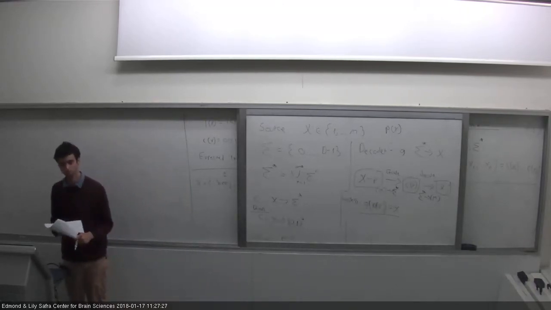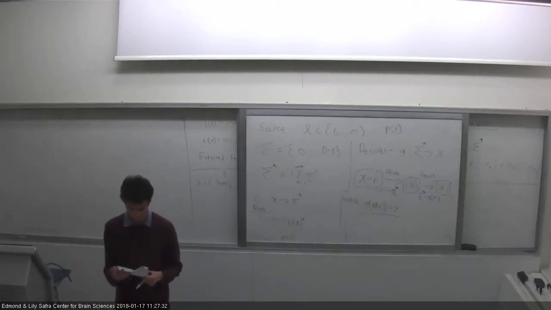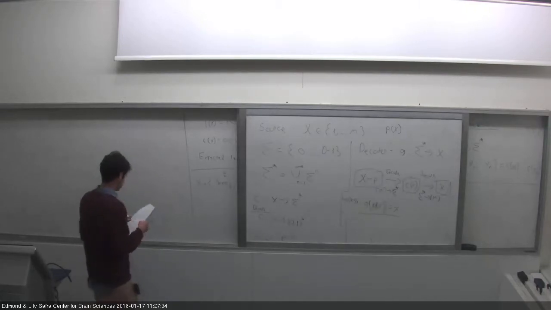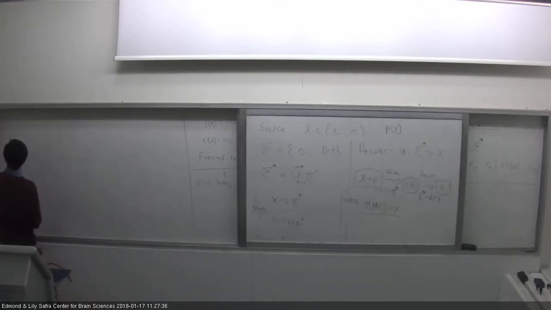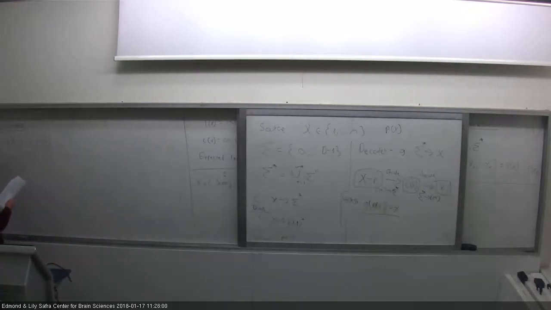Okay, so now let's talk about bounds on the length of the code. Shannon tells us that the expected length of the code, capital L, must be at least the entropy of the source, for any uniquely decodable code.